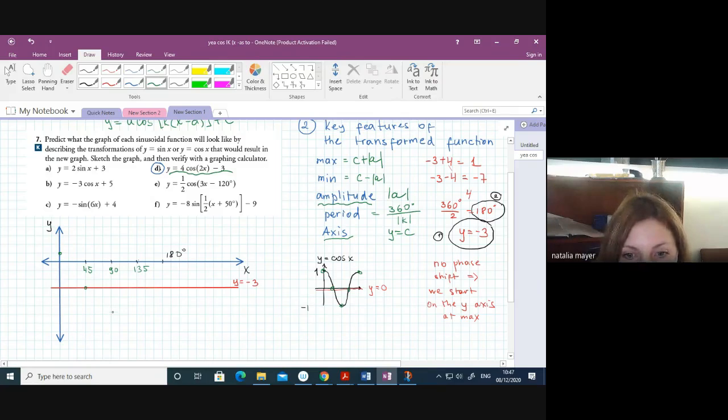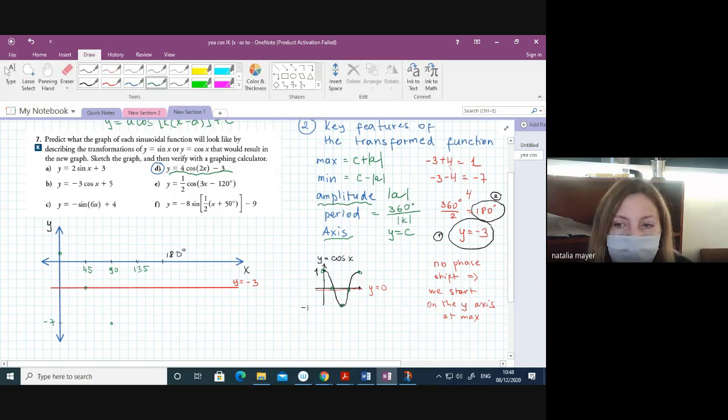Based on our discussion, what's the next point after this one? 90. And what's the y value? Negative 7. After 90 and negative 7, what's the next point?